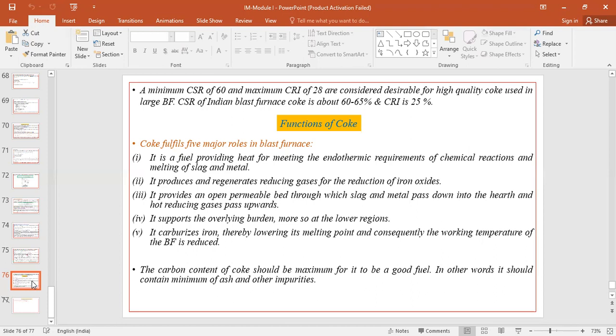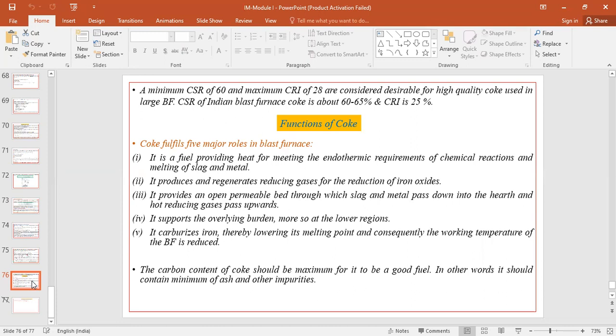It allows passage not only for the liquid products in the downward direction inside the blast furnace, but also the coke slits will allow the reducing gases to pass through in the upward direction.